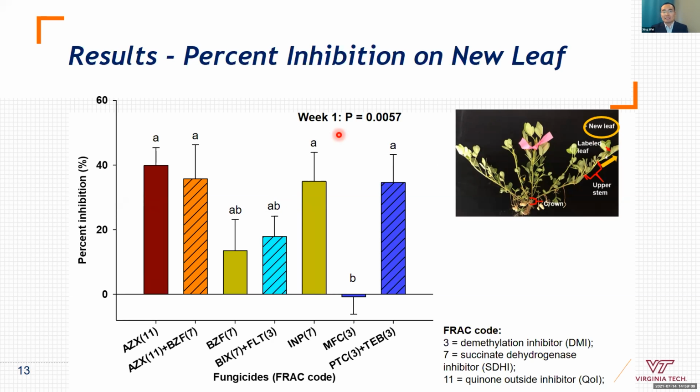And we analyzed this biweekly because there is an interaction between fungicide application and sampling date for this new leaf tissue. The fungicide difference is only significant at week 1, not for the rest. We found that the methylated trifluconazole didn't perform as well as most of the other chemicals.